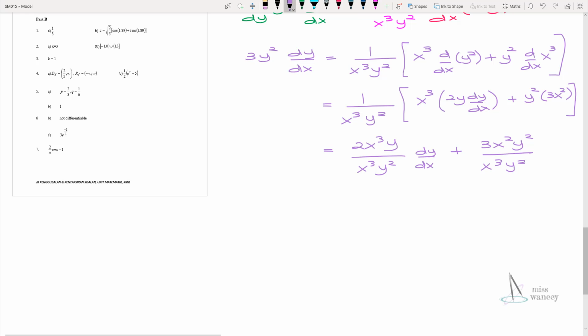Okay, so this is basically equal to 3y square dy over dx. Okay, so let me try to simplify them first before I bring it to the left hand side. So cancel out, cancel, cancel. So what I have there is 2 over y dy over dx plus 3x square y square. Oops, that one can also be simplified.